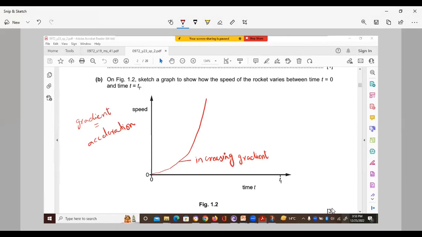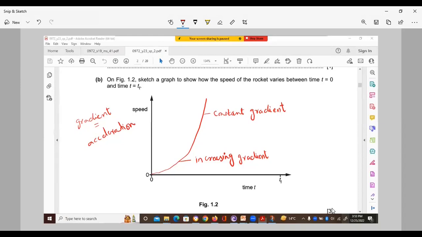So after that, its acceleration becomes constant. So this steep straight line shows the constant gradient. So you have to draw the speed time graph for rocket motion.